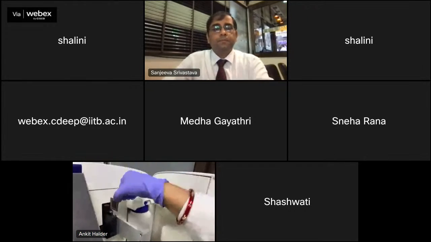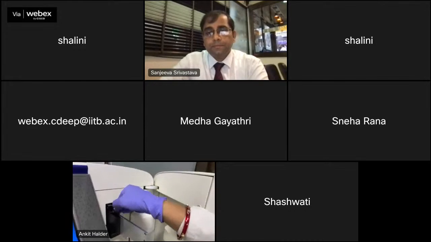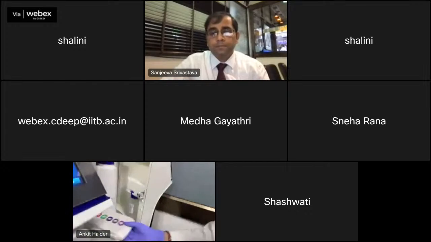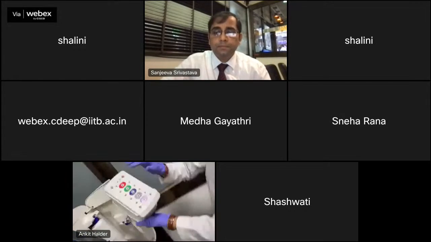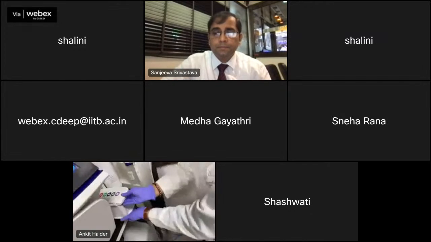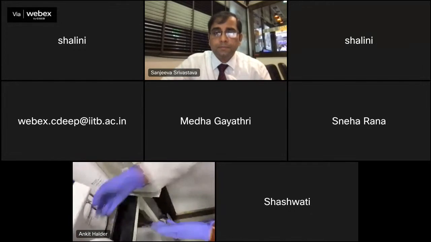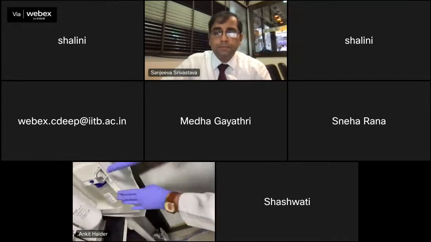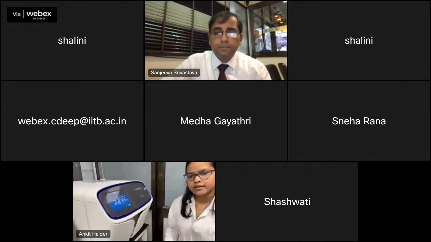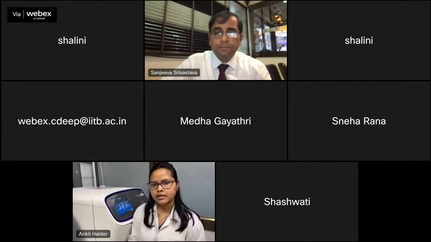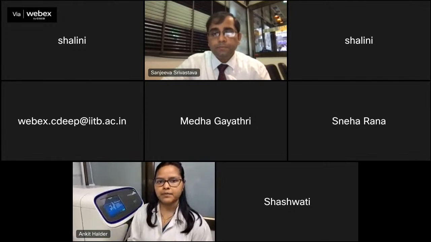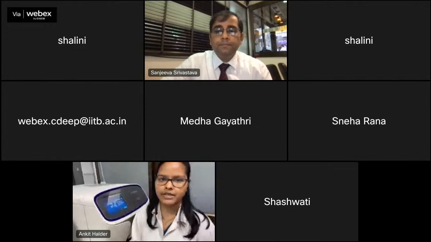Then you can close the chip clamp. This is the reagent cartridge where all of the reagents, like the nucleotides, are, and you have to place the reagents here like this, and the wash solution, cleaning solution, everything is placed here. After closing the instrument, you can plan the sequencing in the software, and then you can also monitor the run throughout the sequence. That's the demo for the Ion Torrent S5.